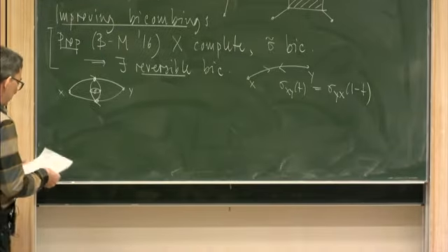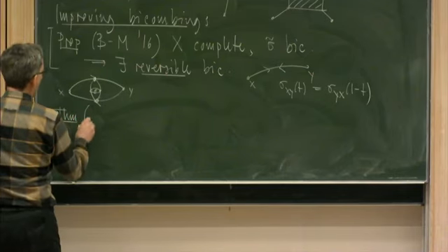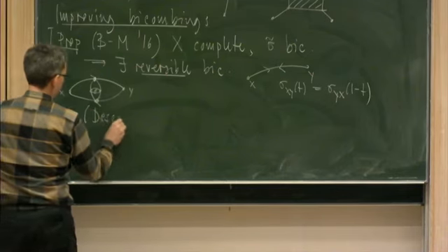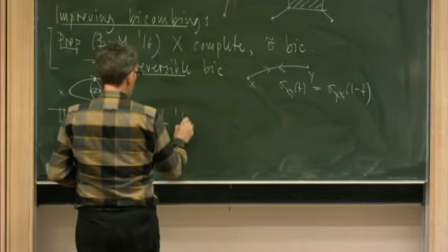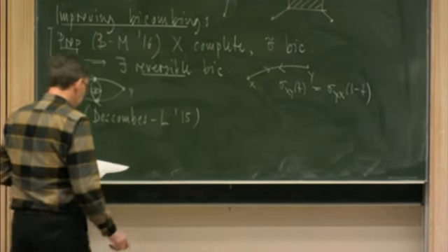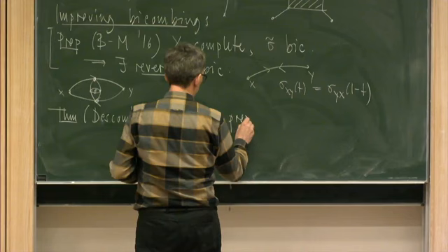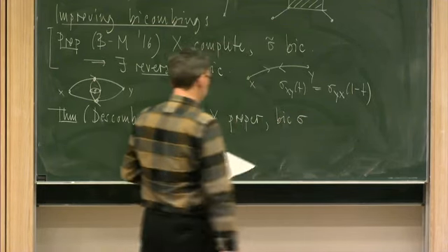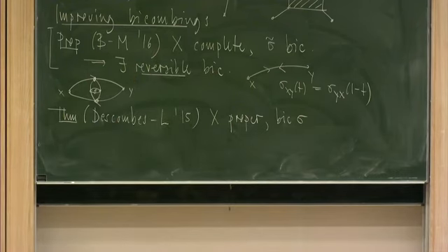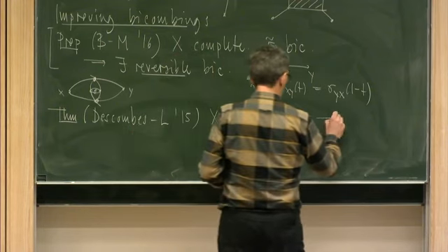Now, another result, which is in a paper with Dominic Descombes, another student: if X is proper, with a bicombing sigma, so again we are in this class E, then there exists a convex bicombing.